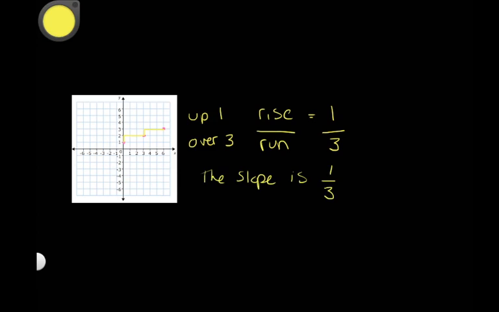But what if this line isn't moving up? So what if this line is going from, let's say we start right here, and our next point is right there.